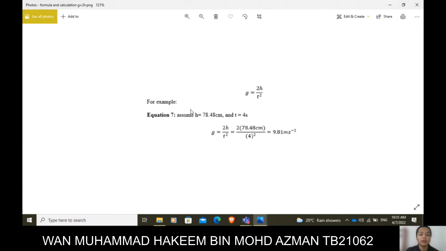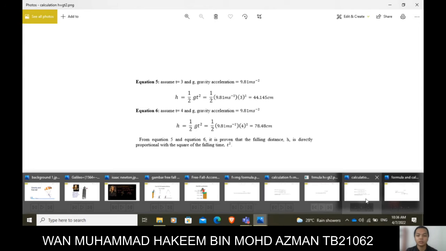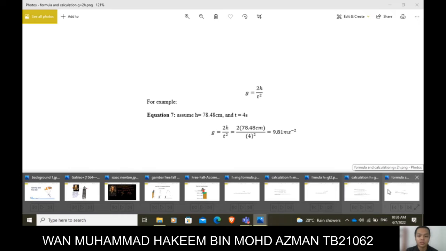So I assume we use this formula, where g equals 2h per t to the power of 2. And then I assume h equals 78.48 centimeter. The value of h I just get from the previous calculation here, because I just want to show some example.